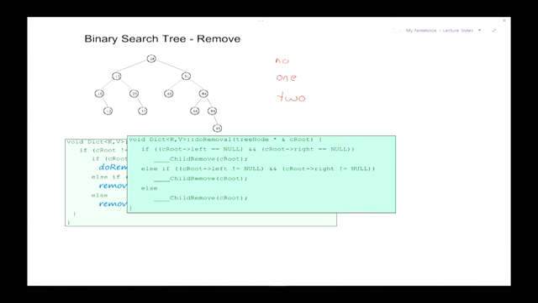So fill in those blanks on your worksheet. What we're looking at here is the do remove function. This is the function that we're calling once we found the key, once we found the element in our tree that we want to remove.